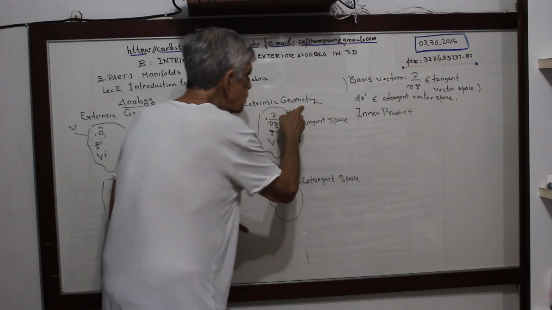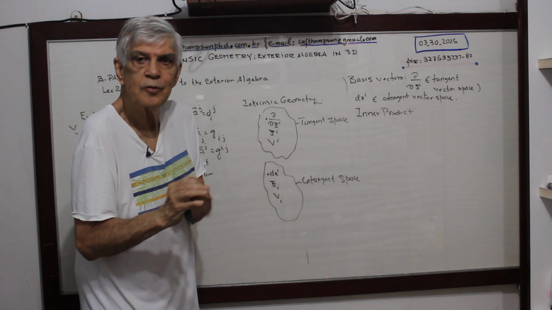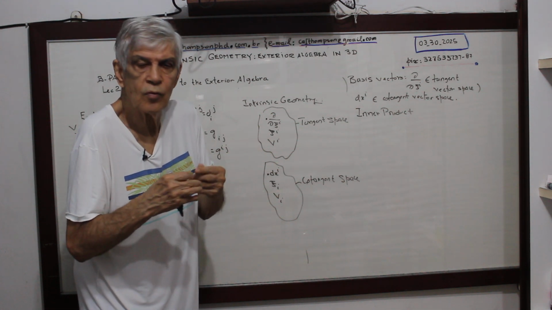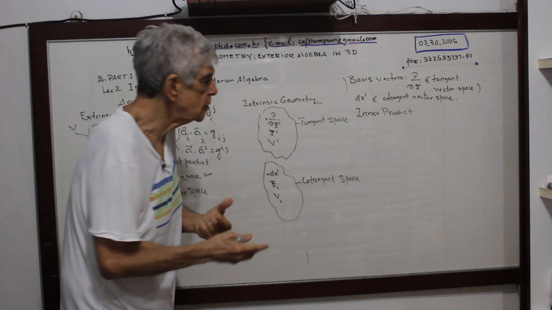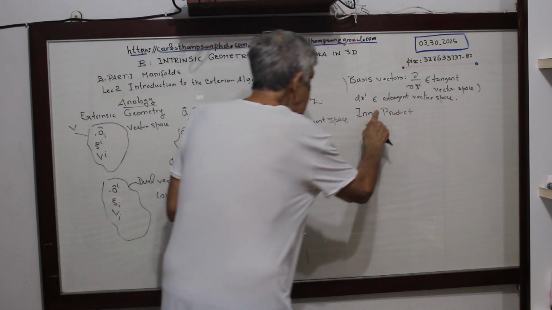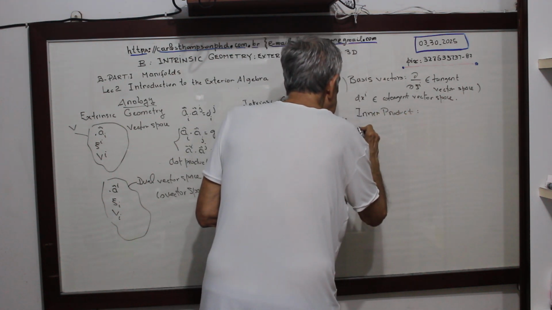In intrinsic geometry, there is no dot, because there is no scalar product, okay, dot product. So you call inner product, and the symbol is like that.